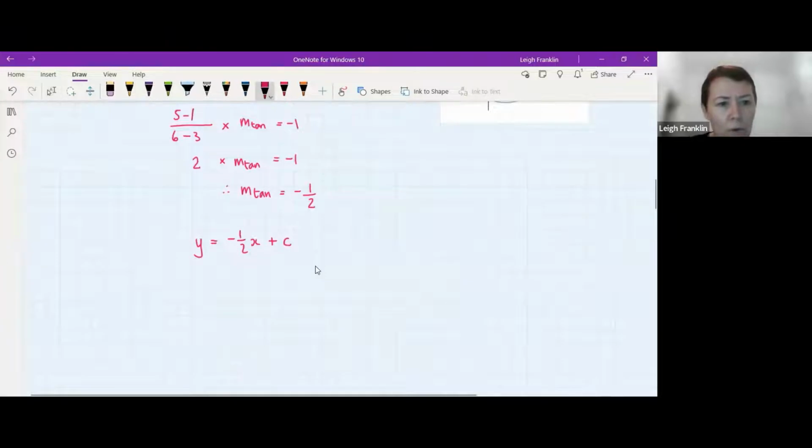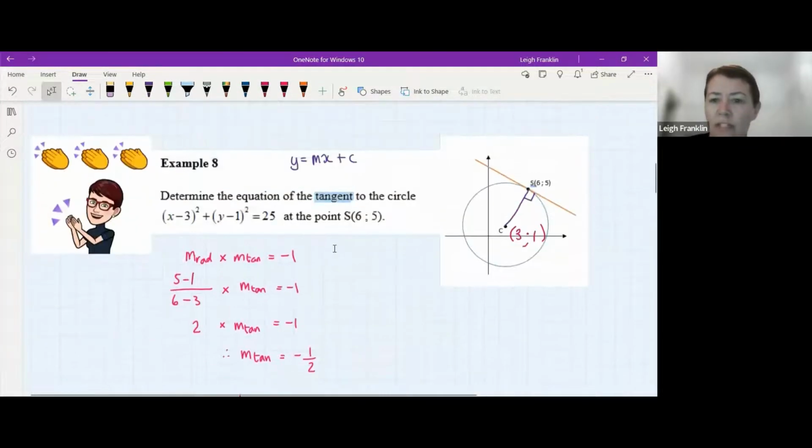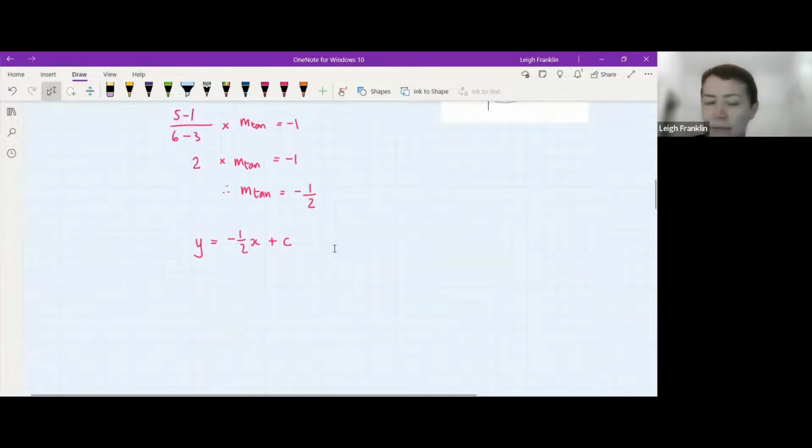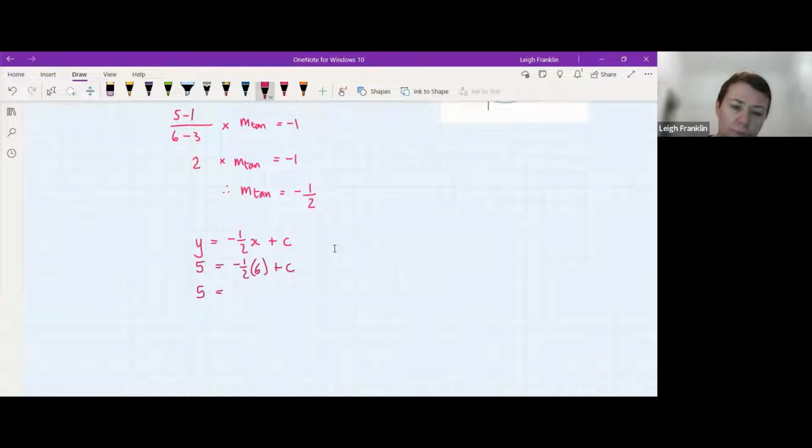Okay, I think we're all good to go now. So in order to work out the value of c, we've got to sub in point S, 6 and 5. So that means that when y is equal to 5, x is equal to 6. So we have half of 6, that would leave us with -3.